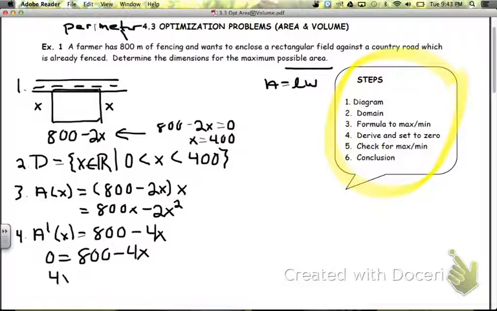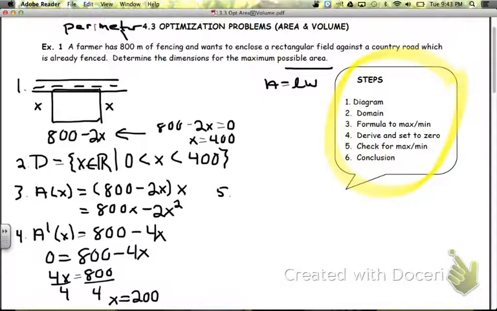So we get 4x is equal to 800, divide both sides by 4, so therefore we get that x is equal to 200. So this value here is going to be a maximum or minimum. So now we look at number 5 when we need to check for a max or min.